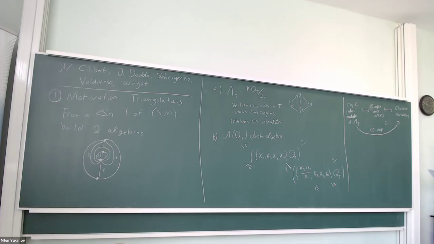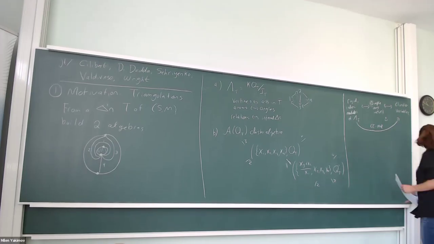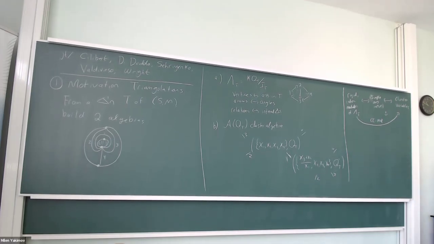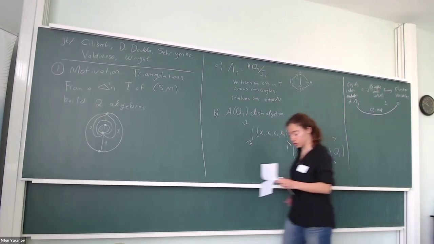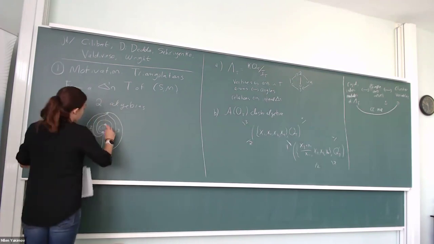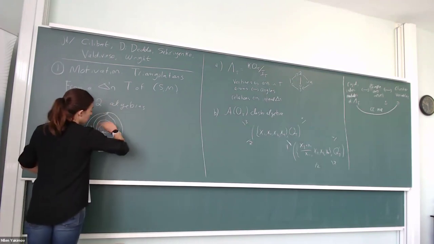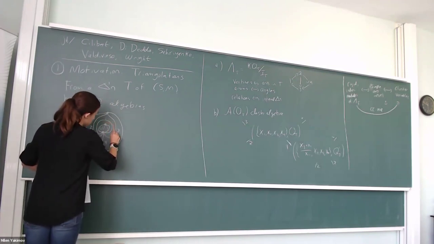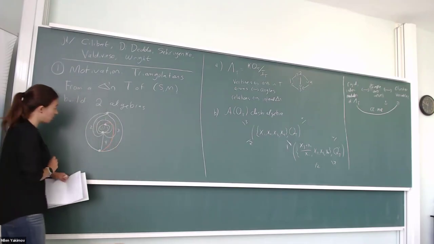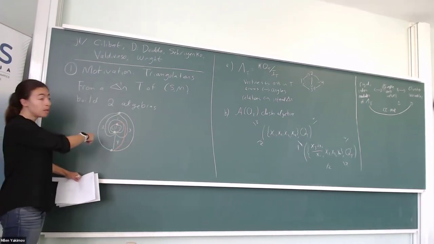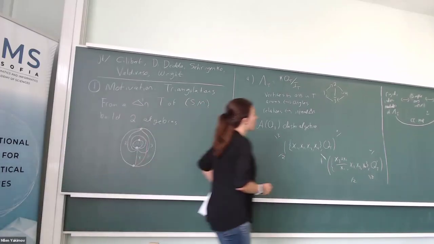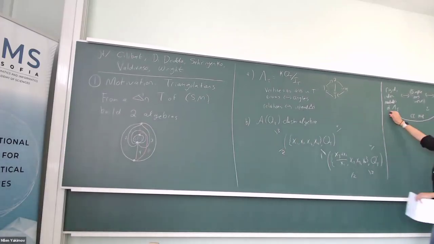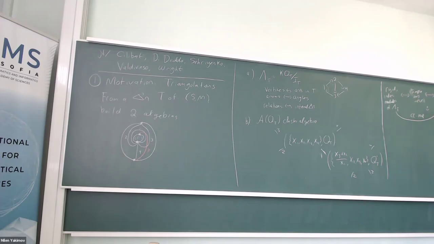Let's do a quick example, just so you can see what the players are a little bit. Here's an arc on here. So let's call this gamma. I promised you this should correspond to a module and a cluster variable.